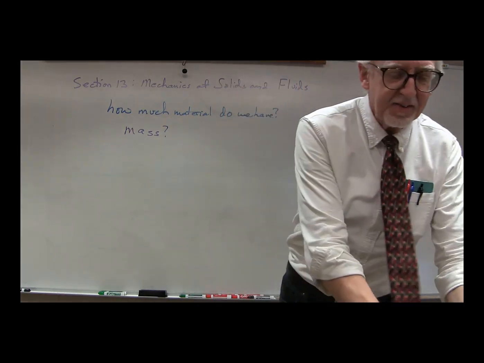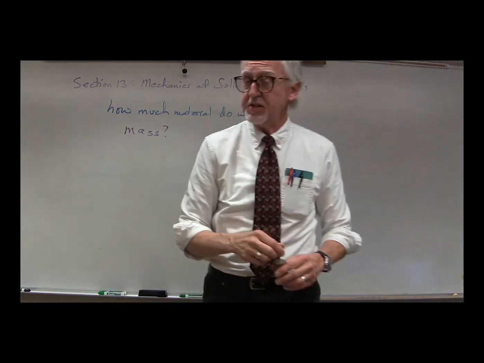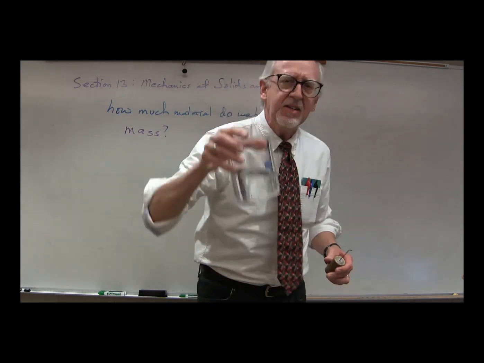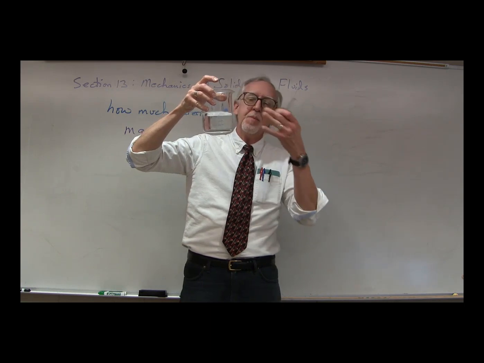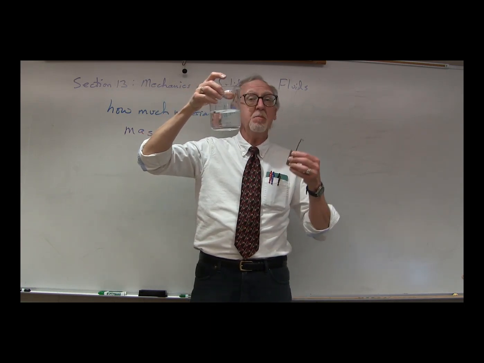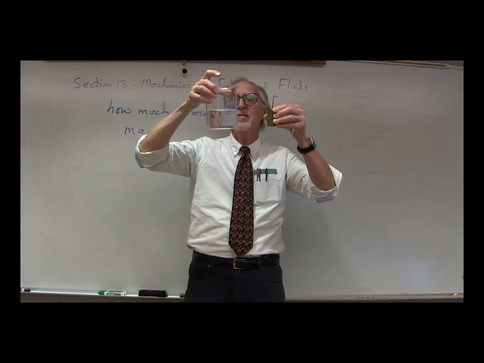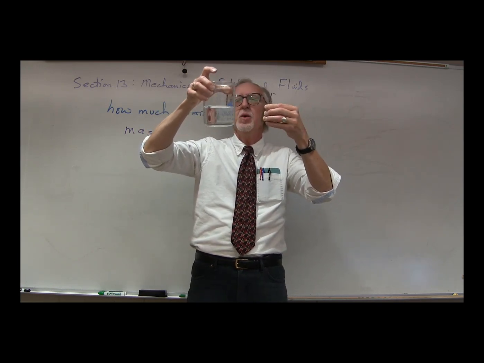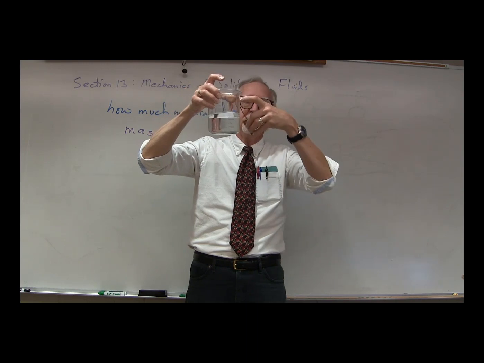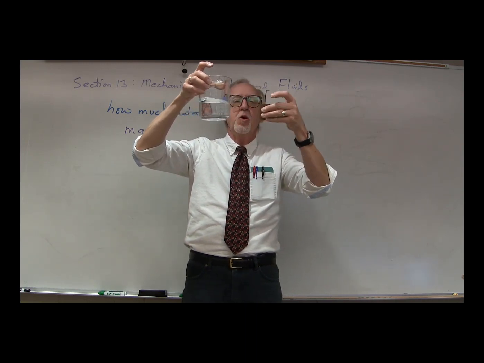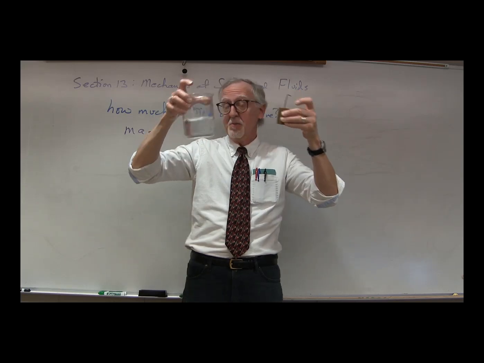However, a mass of one particular type of material, for example, a mass of brass, takes up a very different amount of space than the same mass of water. So here I've got equal amounts of brass and water, about 500 grams, and we can see that the volume of the water, so don't include the beaker here, just the volume of the water, is much larger than the volume of the brass.